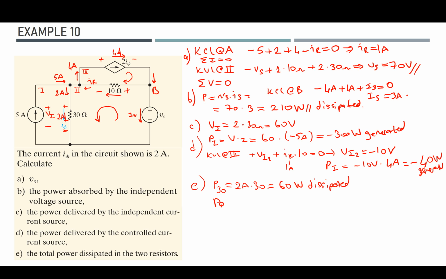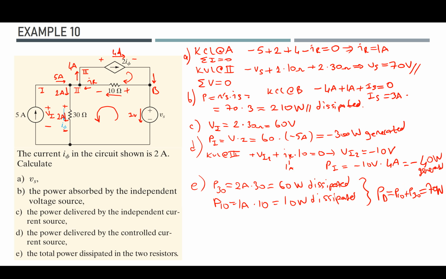And for P10 it's 1 amp times 10 ohms, and it's going to be 10 watts dissipated. So the total P dissipated is their sum, P10 plus P30, which would make 70 watts.